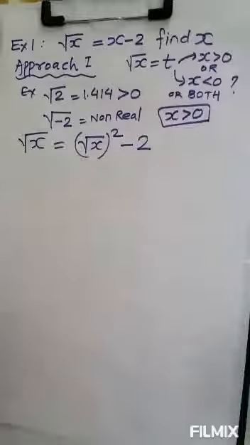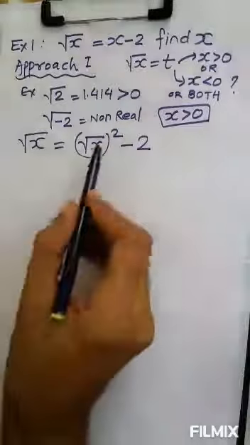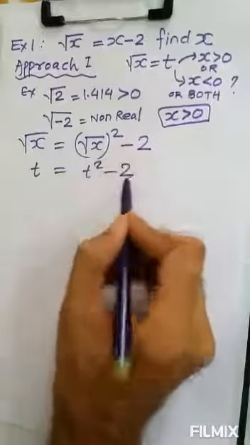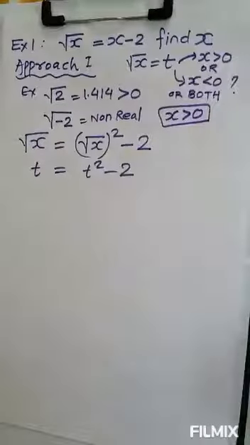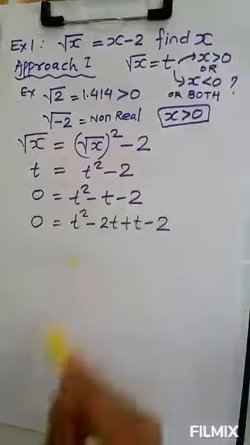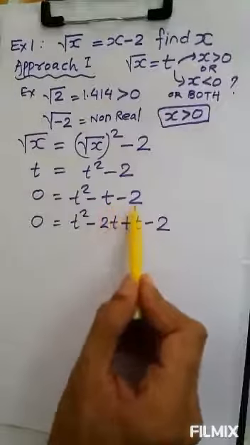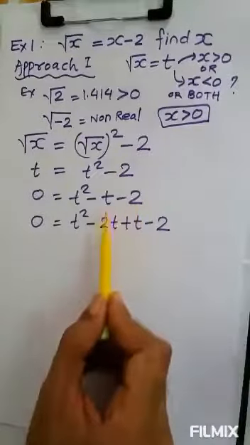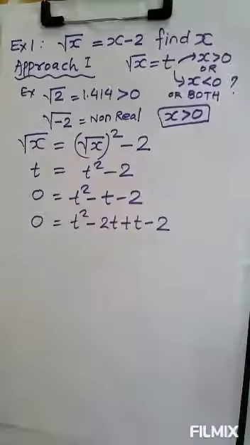So x we can write as, substituting root x as t, t square minus 2, which is a quadratic in t. Transferring this t here, it becomes minus t. Then splitting the middle term minus t as minus 2t plus t.